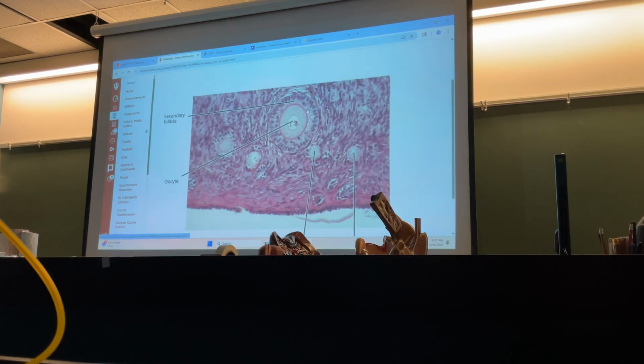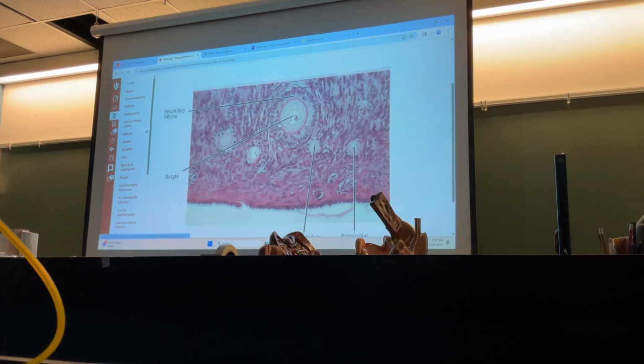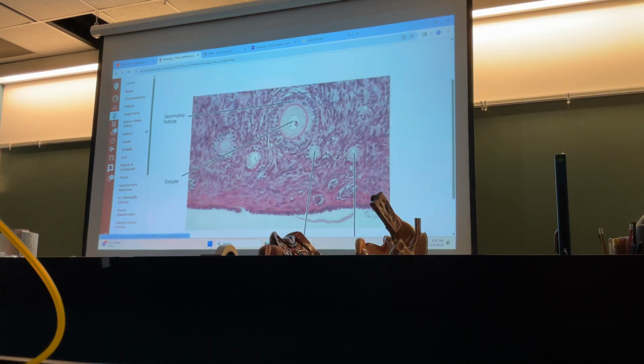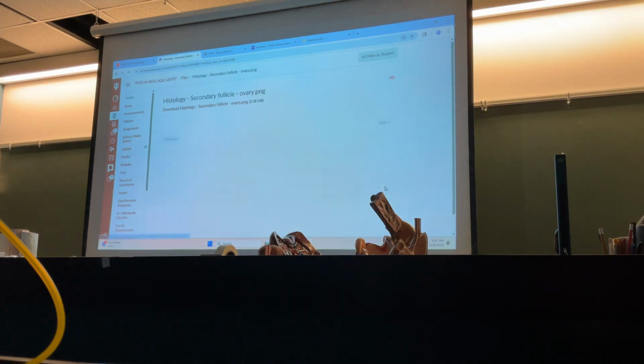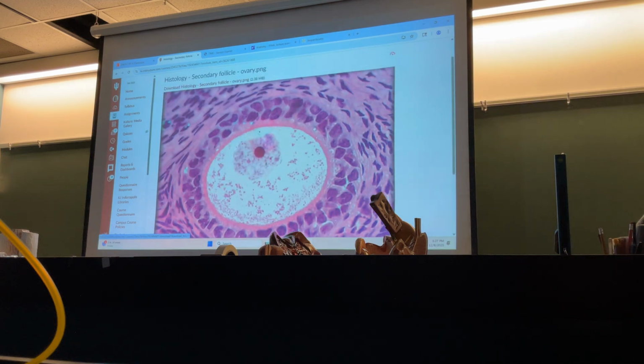Whereas when you get into secondary follicles, notice how there's 2 layers of cells. That's something to look for. Primordial follicle just looks quite nebulous in my opinion. Right at the center, you have a primary oocyte, even in a secondary follicle. So notice this is a secondary follicle close up. There's 2 layers of cells.